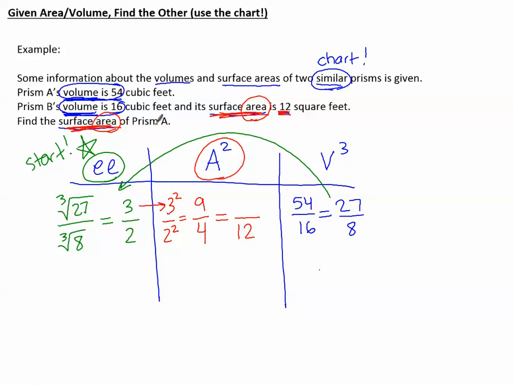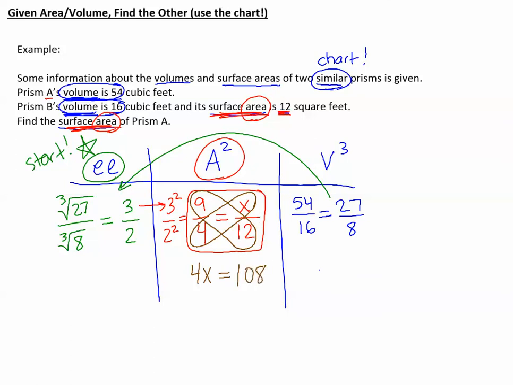Find the surface area of prism A. Prism A was the one on top, so that's the one we don't know. I'm going to put an x there because I'm trying to solve it. This is the proportion we're trying to solve. How do I solve a proportion? Cross multiply. I usually pick the one that has the variable in it first. 4 times x is 4x equals 9 times 12 is 108.